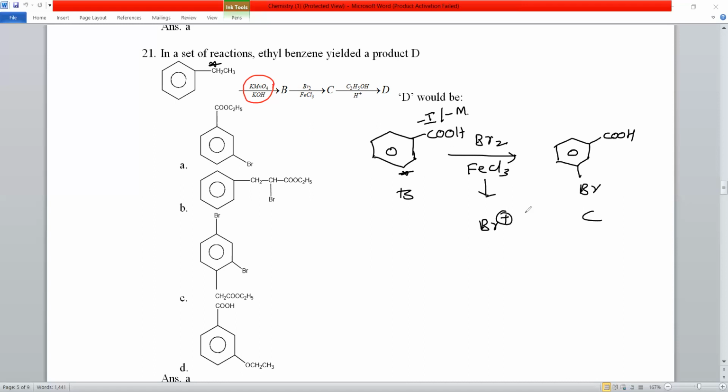The C compound is treated with ethyl alcohol in presence of H plus. So what is this? Esterification reaction, acid as well as alcohol.